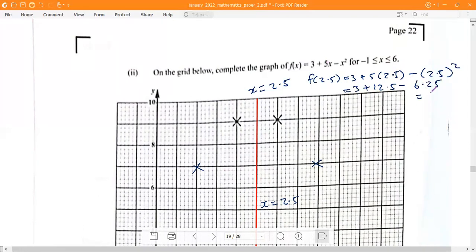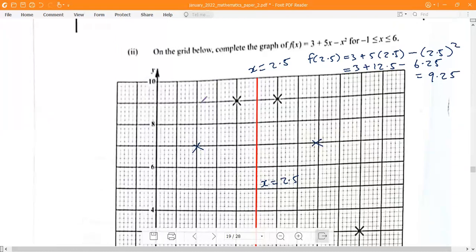So you have 15.5 minus 6.25, 9.25. All right, so 9.25.